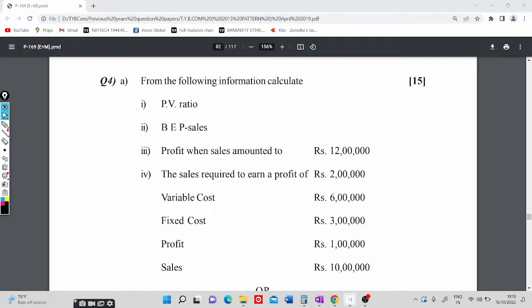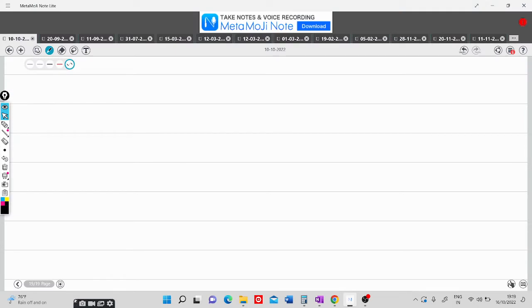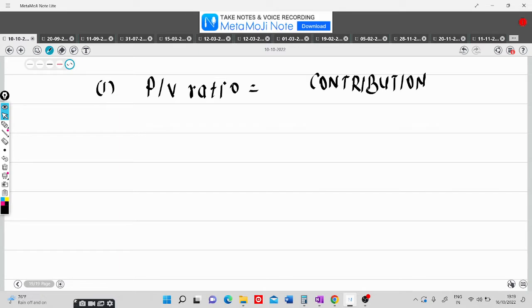We will solve the problem. First, we have been asked to calculate PV ratio. The formula for PV ratio is contribution upon sales multiplied by 100. Shortly we will understand what is PV ratio.